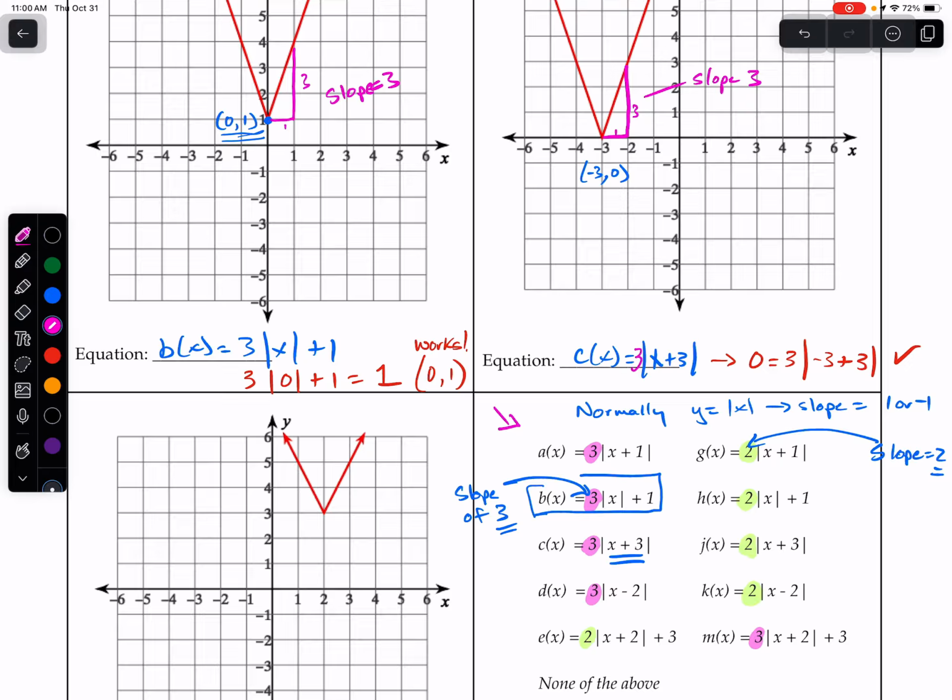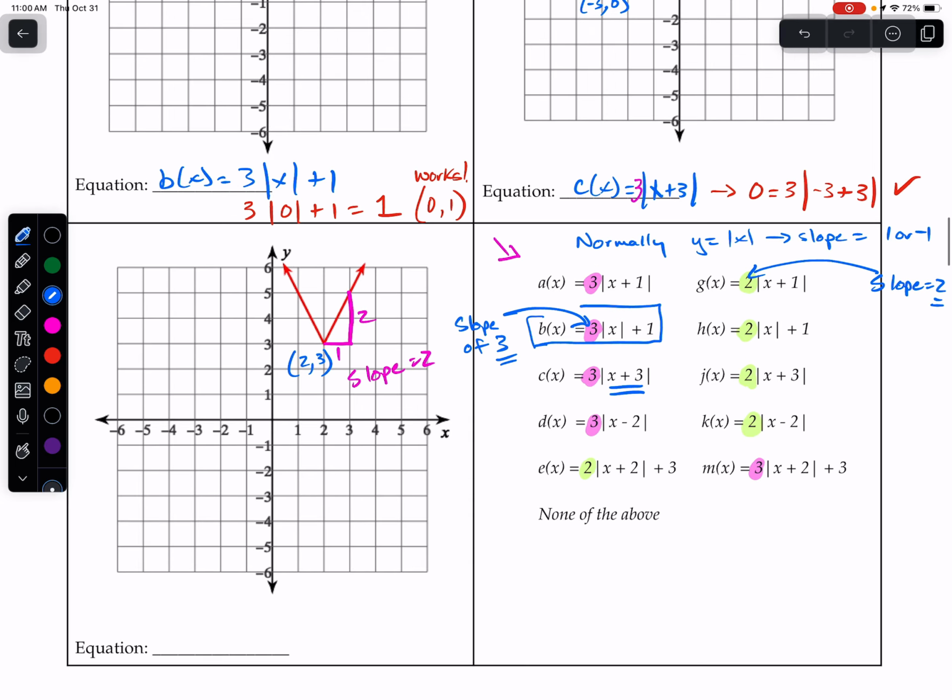And down here, for the first time, we have a slope of 2. And when I plug in 2, I need to get out 3. So imagine here, plugging in 2, I get 2 times 3 is 6.